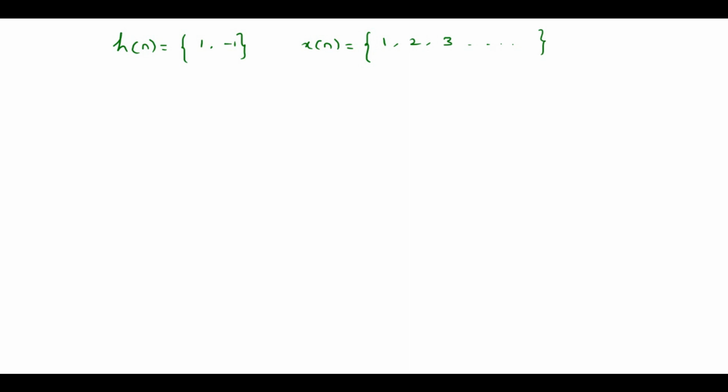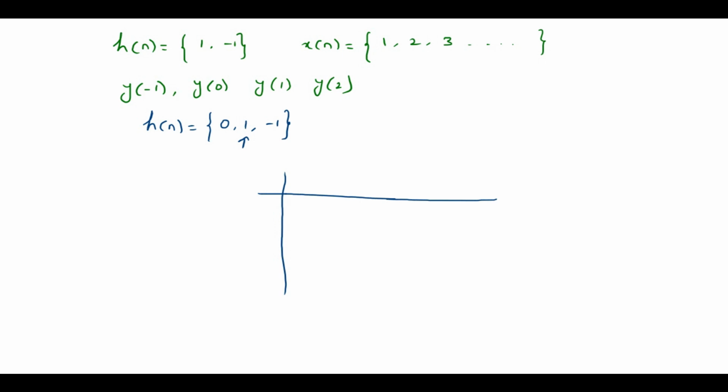We need the four values: y of minus 1, y of 0, y of 1 and y of 2. For that I am taking the sequence h of n like this: 0, 1, minus 1, where we start at 0. Here I am using the matrix method for easy evaluation.